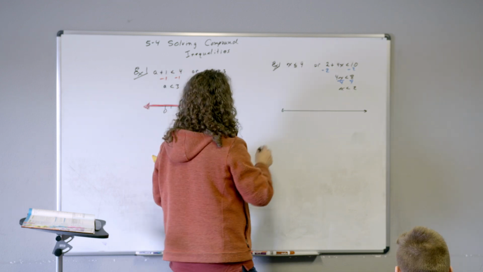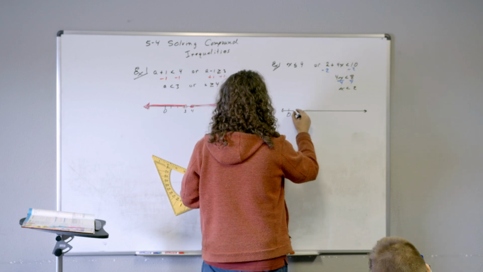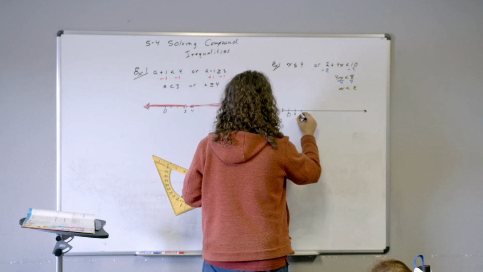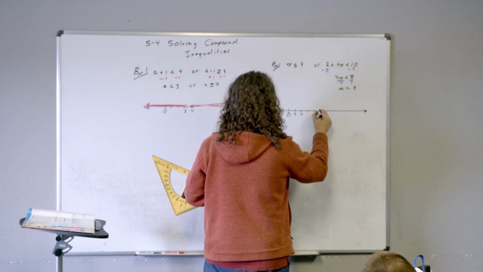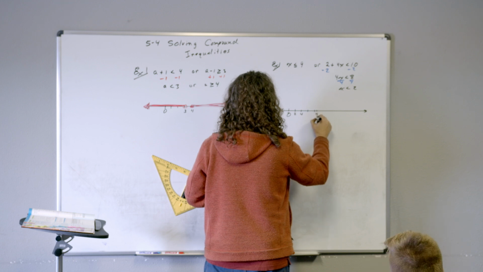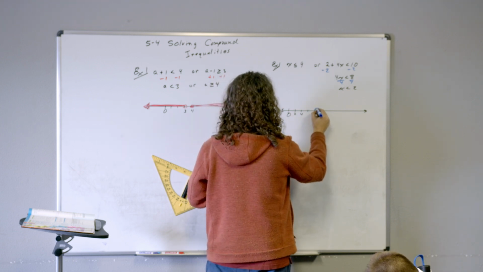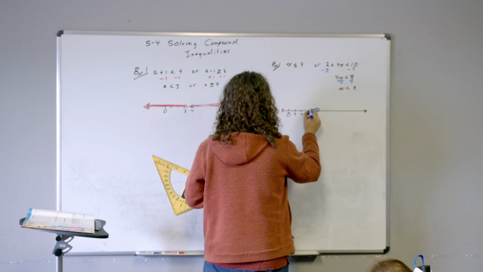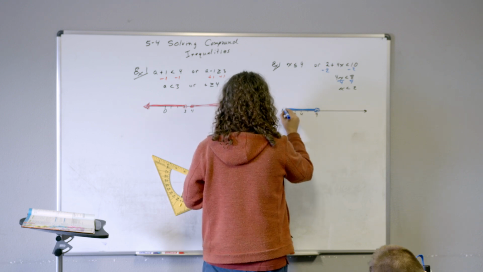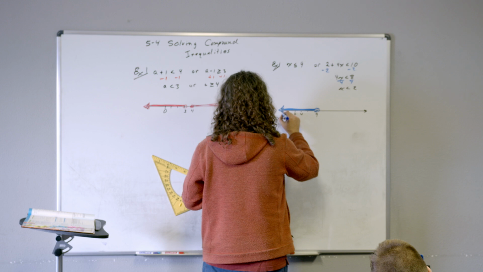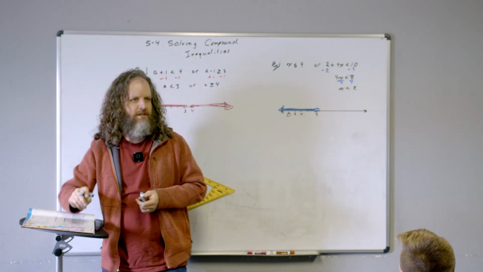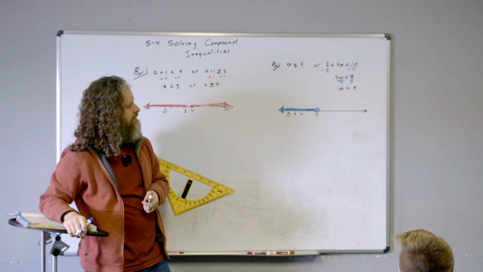So we really only need one circle, one filled in circle. And then we need to just shade this way. Because that fits both of them into one thing.